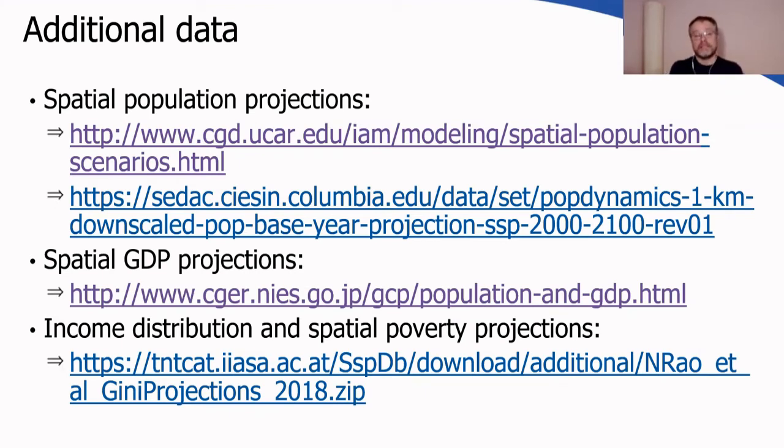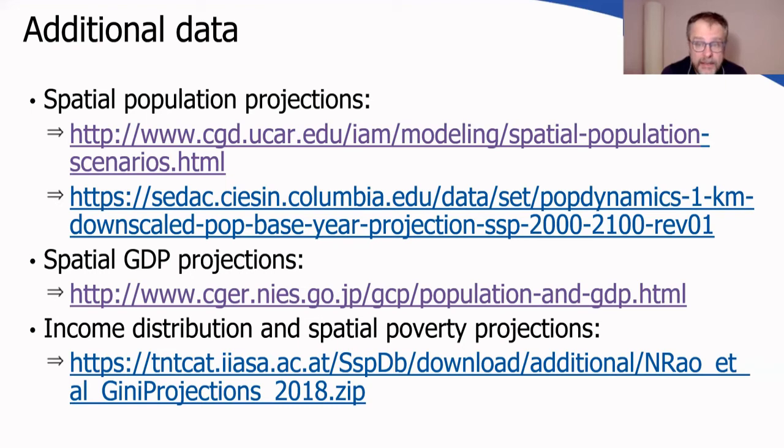But next to this database, with these basic data, there are other additional data that are very useful for working with the SSPs. For one, there are spatial population projections available from several different sources, at least at 2 links shown here, and we will make links available on the ICONICS website.